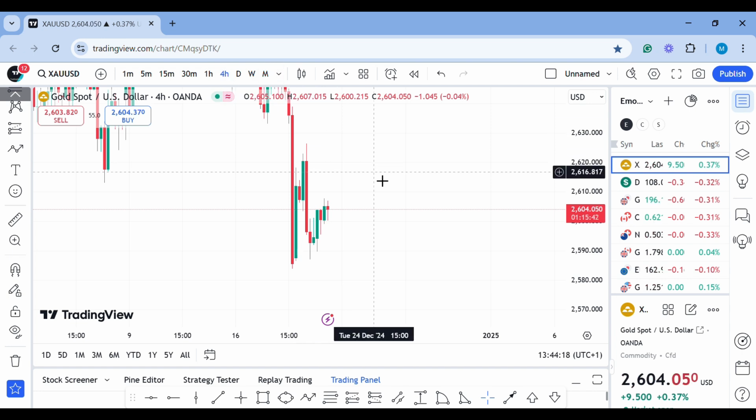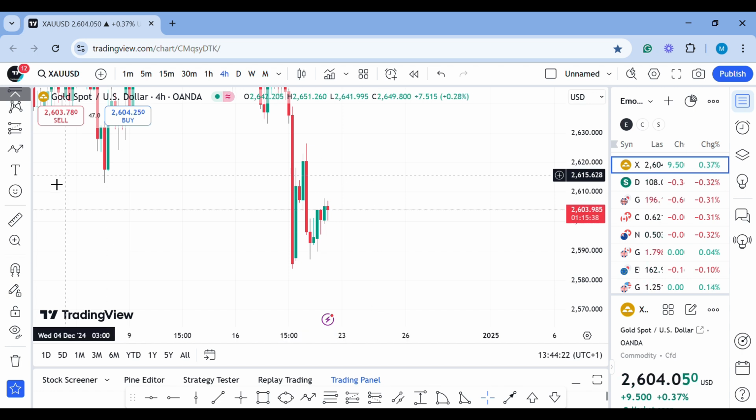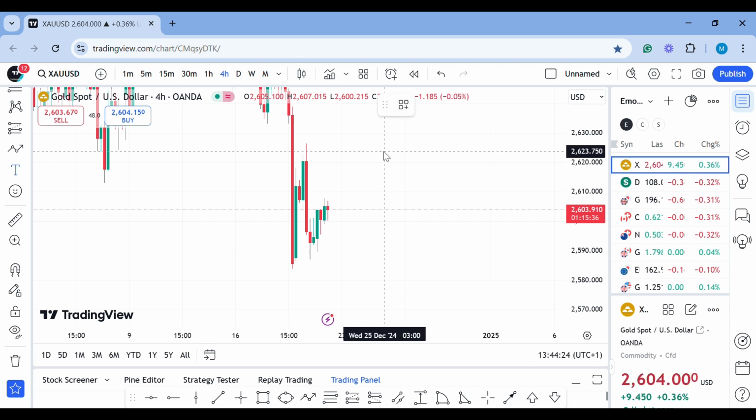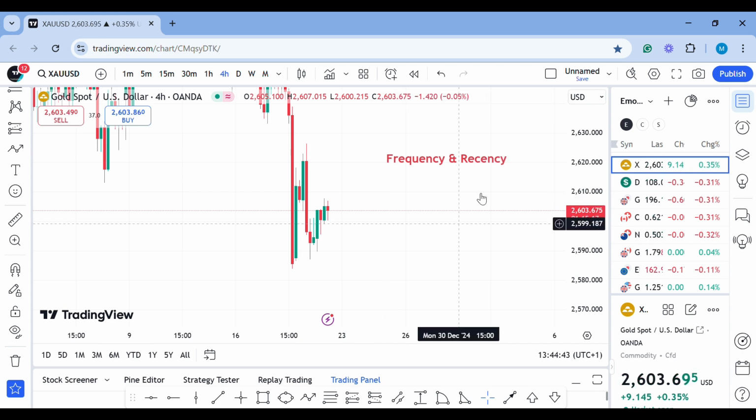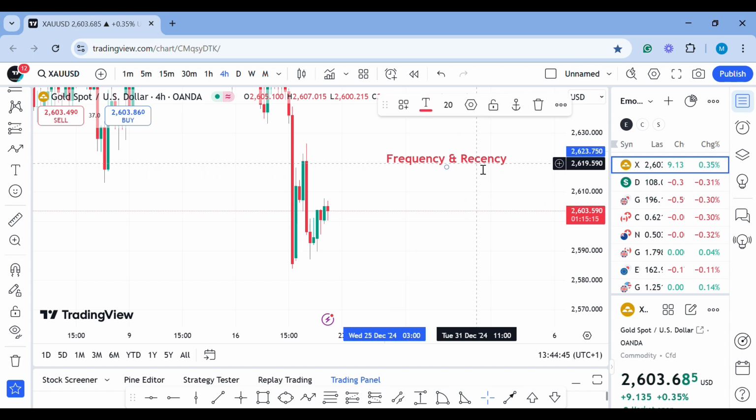So the F&R zone is also known as frequency and recency. Frequency and recency.